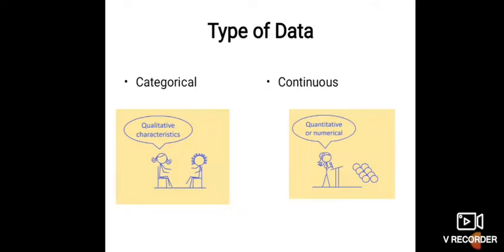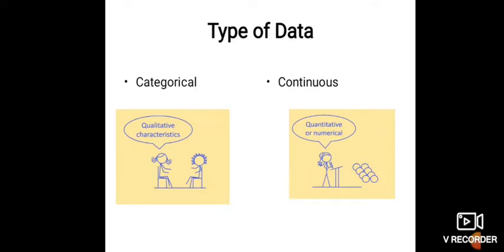These are all quantitative. In categorical data, a finite number of categories or distinct groups will come, and there will be no logical order. But in continuous data, the data will be expressed in numerics, on the basis of quantitative measurements.